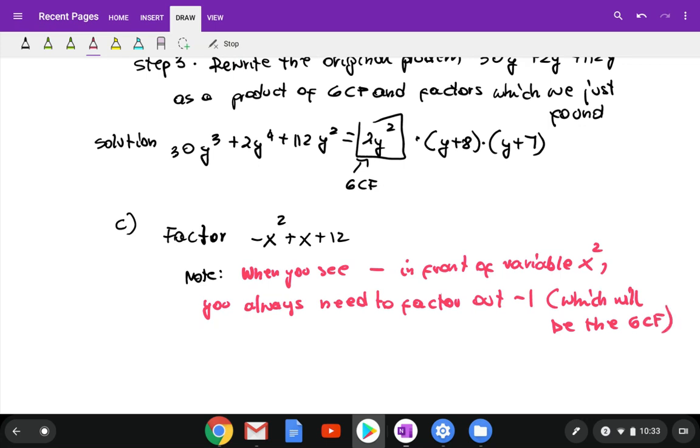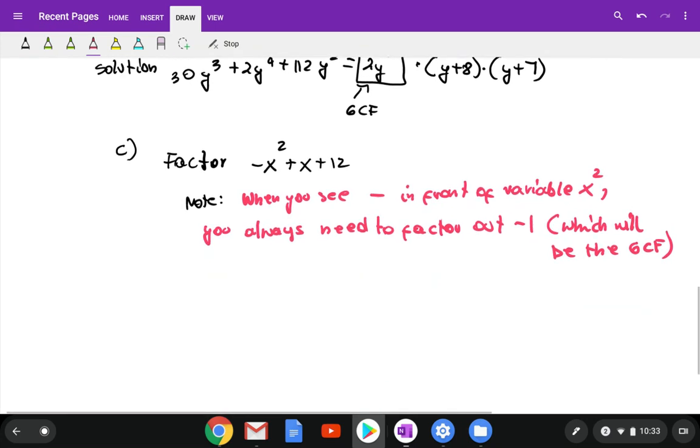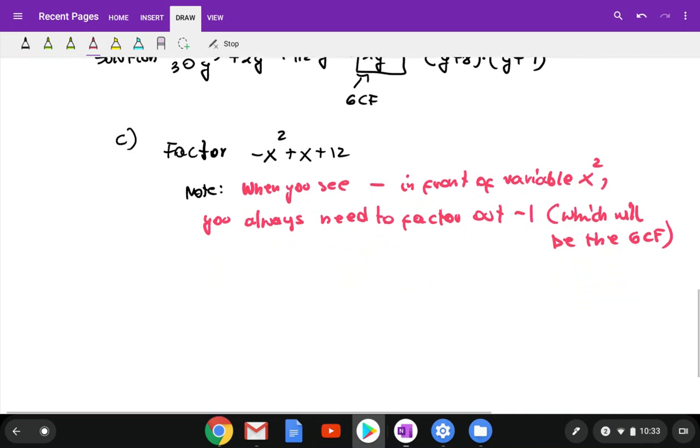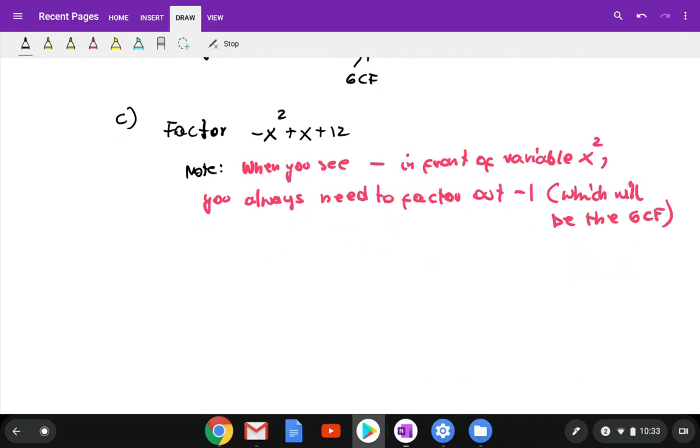Okay, so we're going to follow the same steps like in the previous example, but however, in this example, we're going to factor out negative 1, which is the GCF.